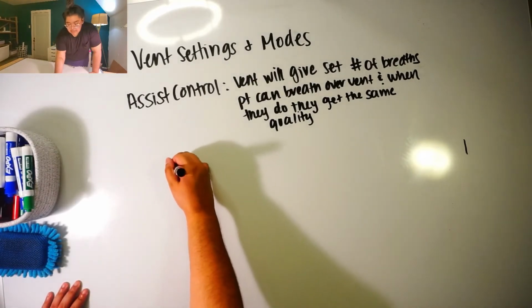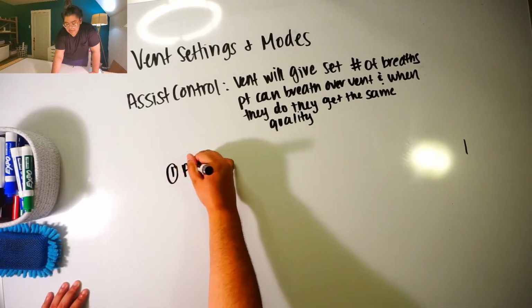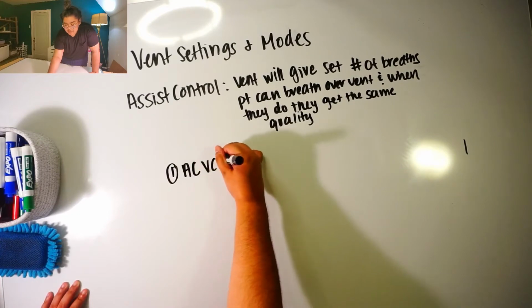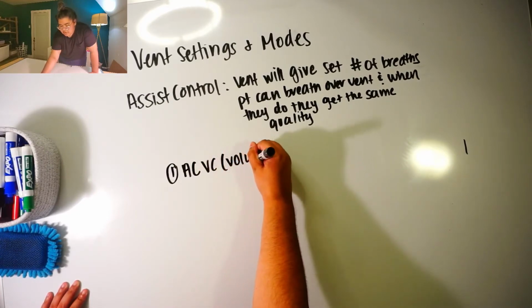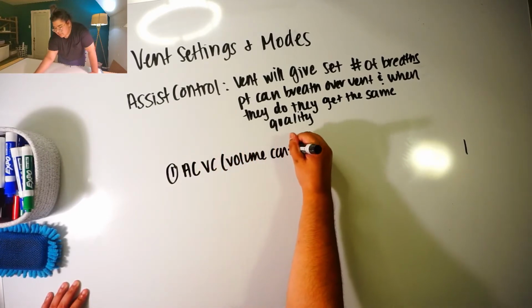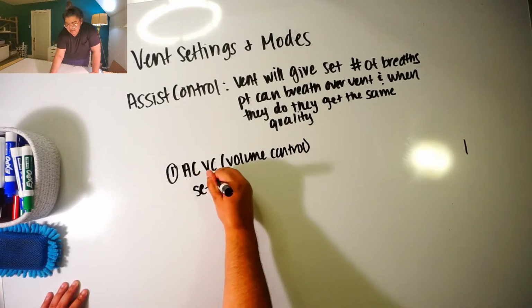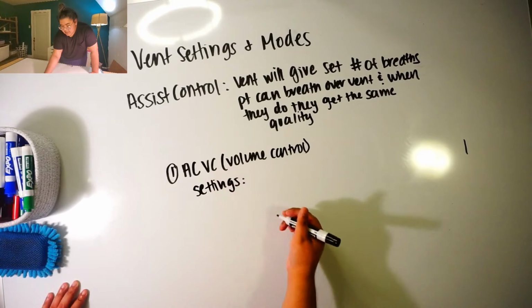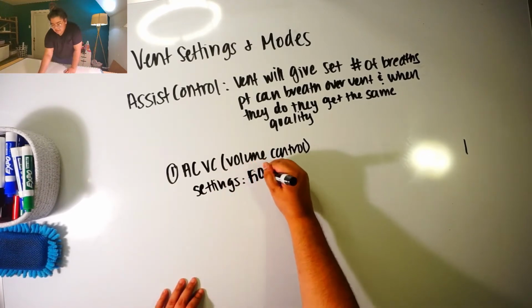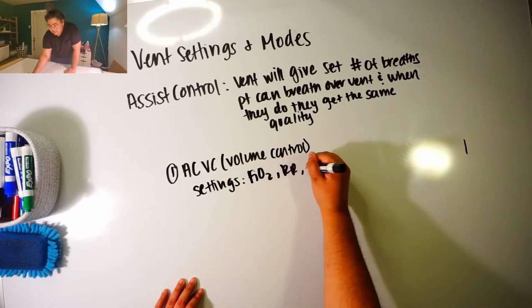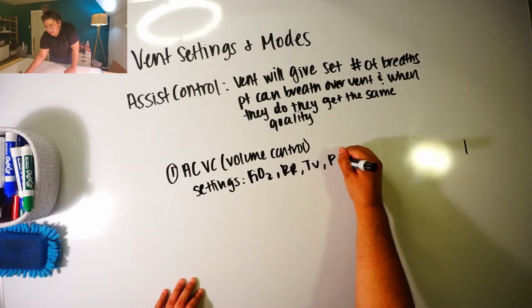So the first one is going to be the more common one, which is ACVC. So this is volume control. And in volume control, basically the settings are, you're going to get a specific FiO2, respiratory rate, tidal volume, and PEEP.